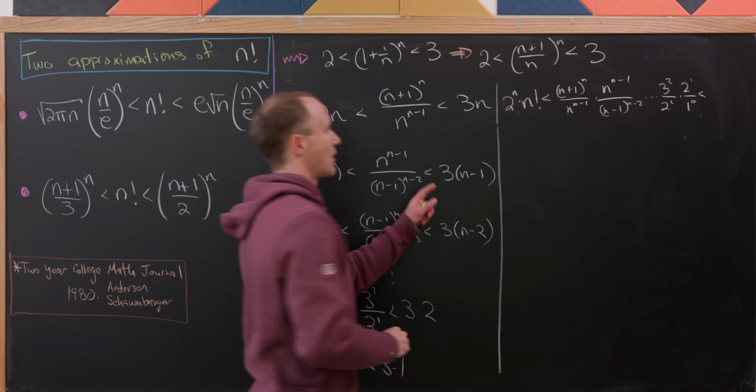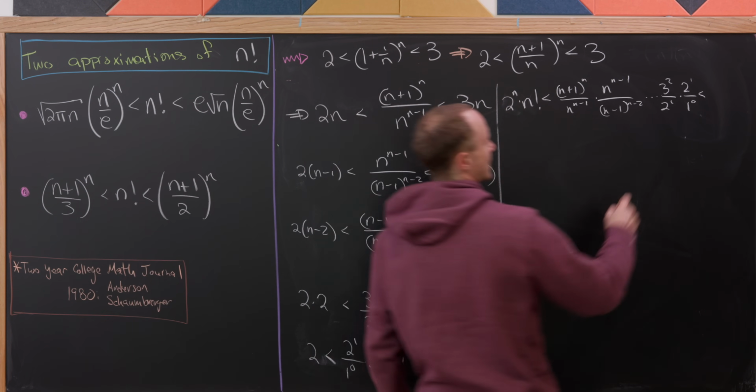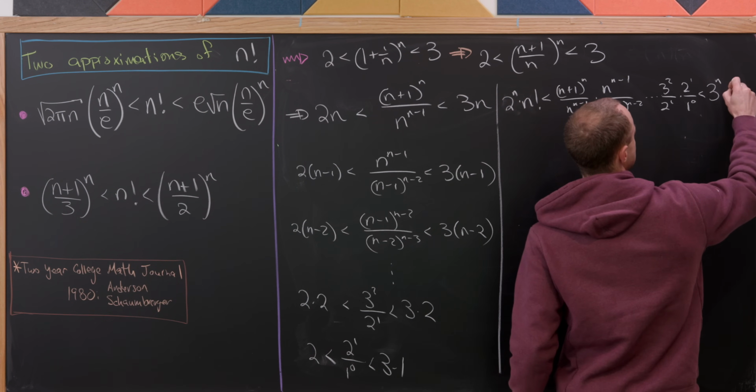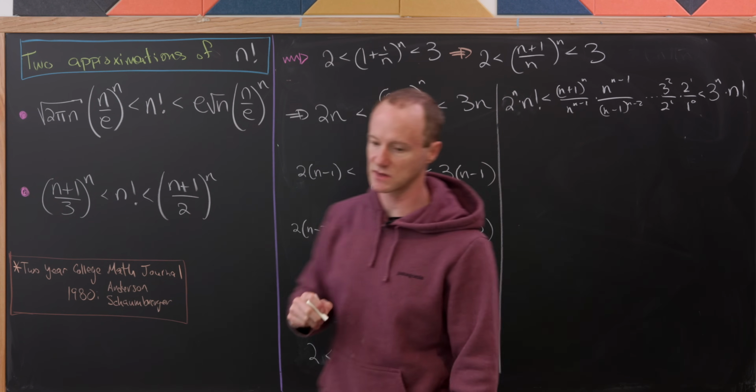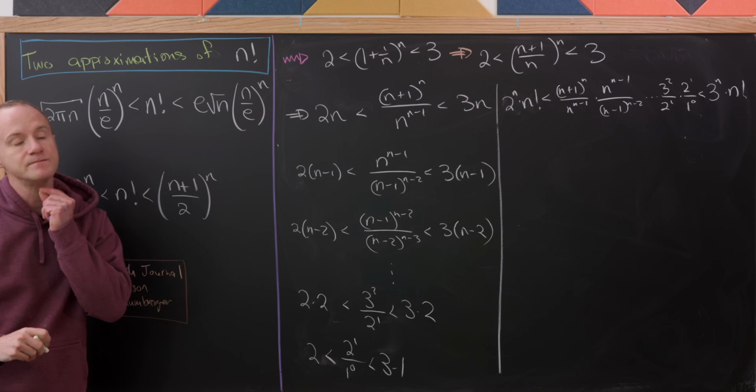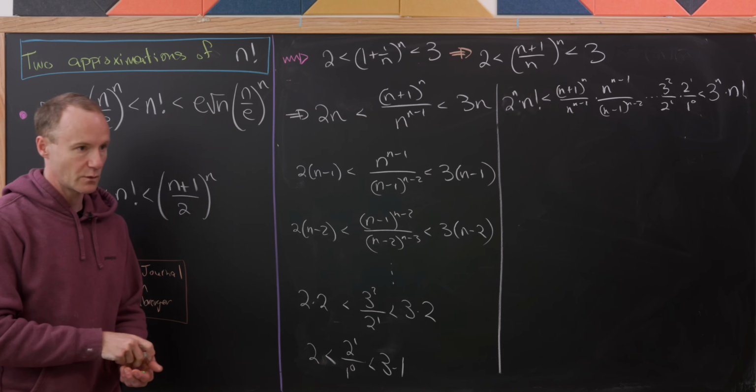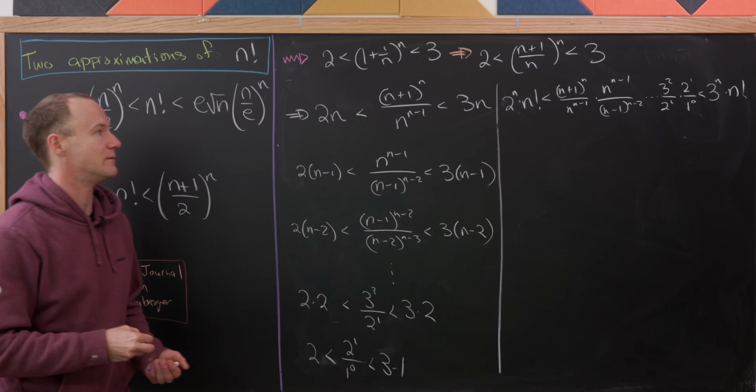And then finally, on the right-hand side, we're going to have 3 to the n times n factorial, similarly to the left-hand side. Okay, but then observe that we get this telescopic action in the middle.